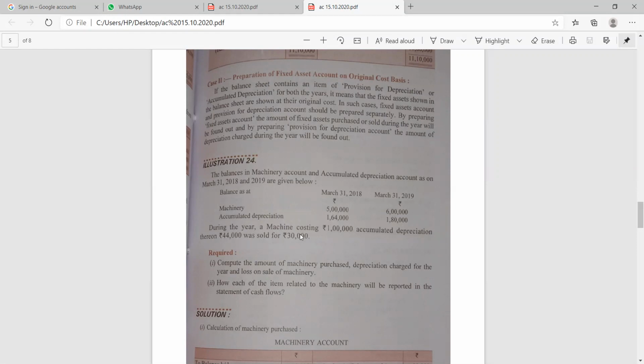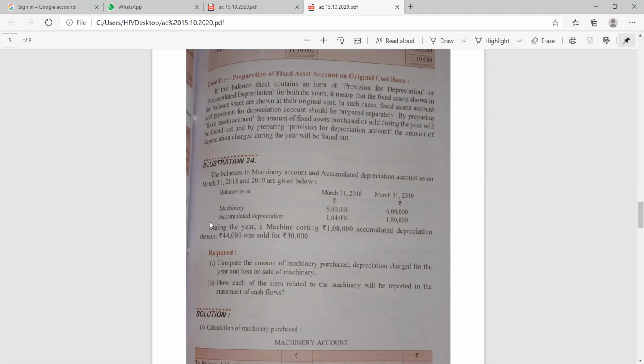I hope this concept is clear to everybody. Please mark a star against these 2 points in your book. Mark 1 star against the accumulated depreciation given as opening and closing balance, 1,64,000 and 1,80,000, and 1 star against the accumulated depreciation related to the particular machine costing rupees 1 lakh which is sold for rupees 30,000.